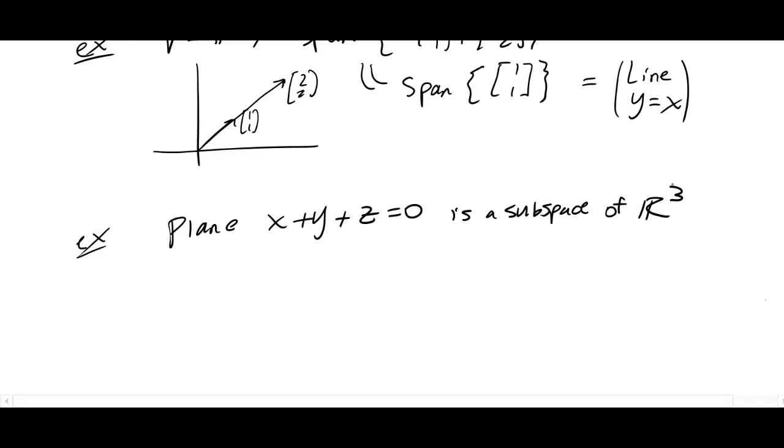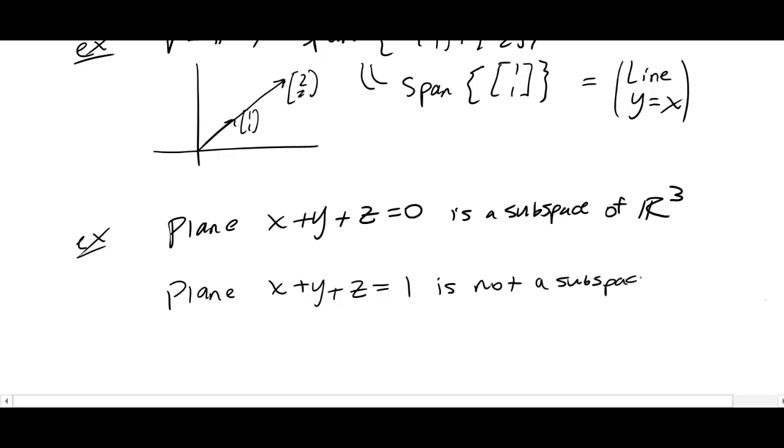But the plane x plus y plus z equals 1 is not a subspace, because it doesn't contain the 0 vector, because 0 plus 0 plus 0 is not equal to 1. So this plane doesn't pass through the origin. So that one's not a subspace.